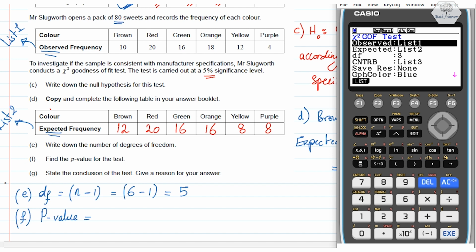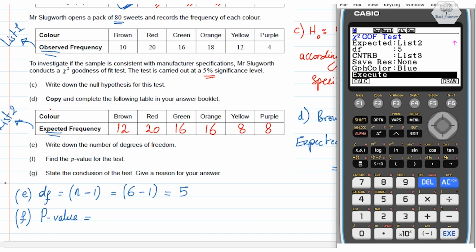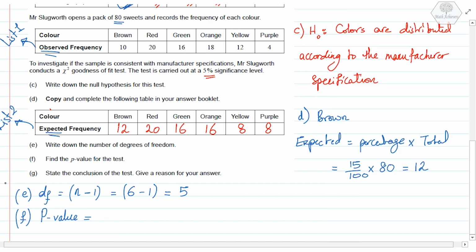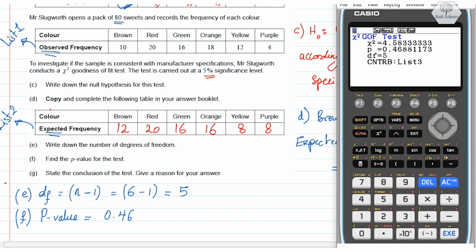We have the observed frequency in list 1, the expected frequency in list 2, and the degrees of freedom is equal to 5. Then we execute. We find that the p-value is equal to 0.469.